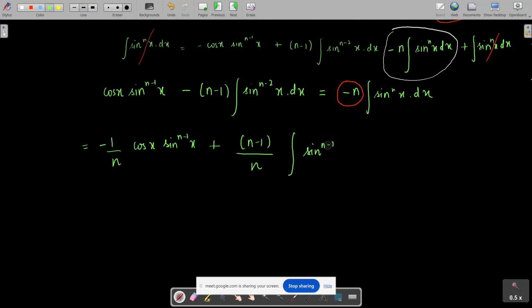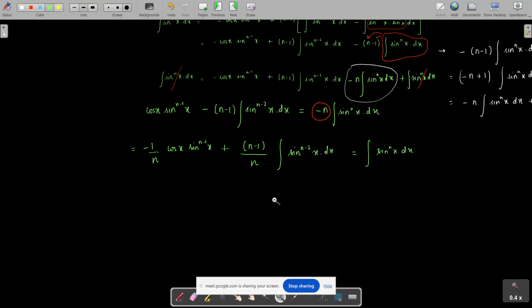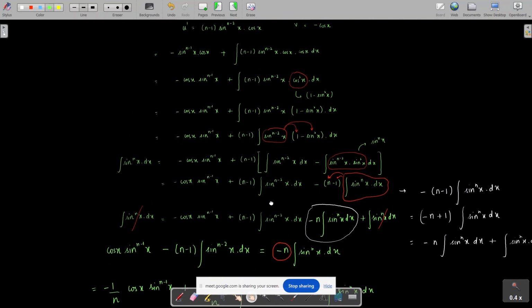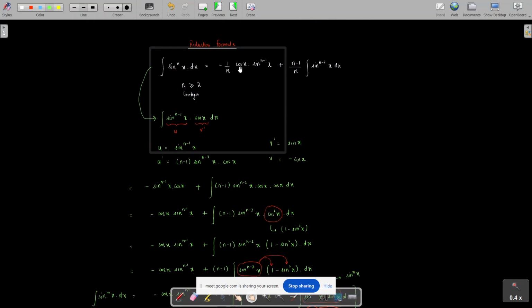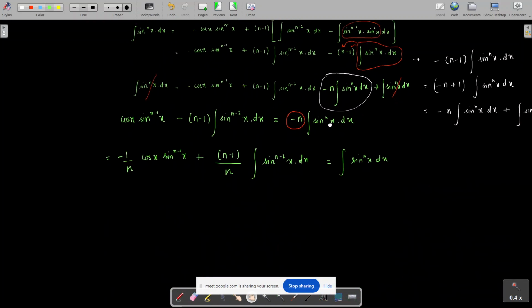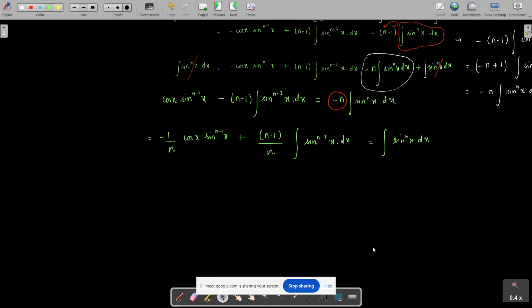Sine of n minus 2x dx equals integral of sine nx dx. Let's see if we have got the thing that we wrote in the first place. Yeah, negative 1 over n cosine of x sine n minus 1x plus n minus 1 over n. So this is our reduction formula. This is basically the proof of reduction formula.